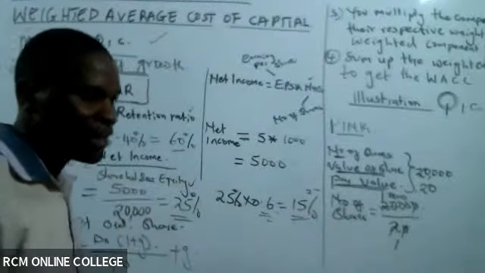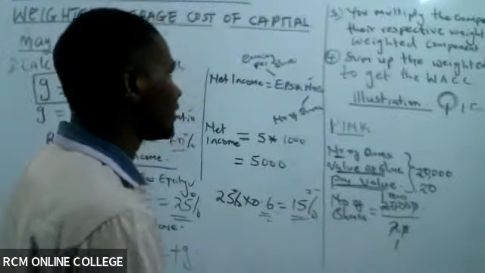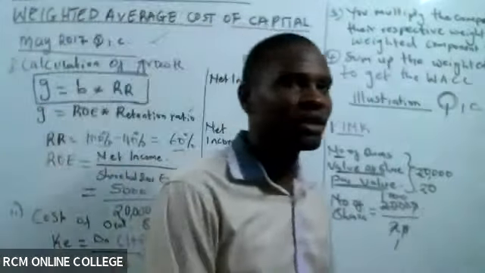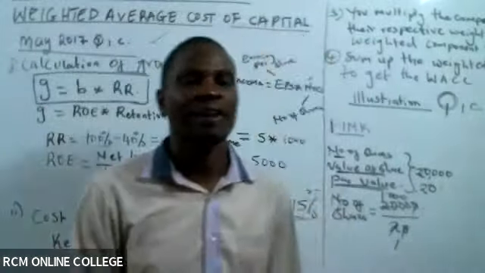The current dividend is whatever we have here, the earning per share. So how do we get the current dividend? What do you think we shall do to get it? We have earning per share. The current dividend is the earning per share times the payout ratio. Simple as that.